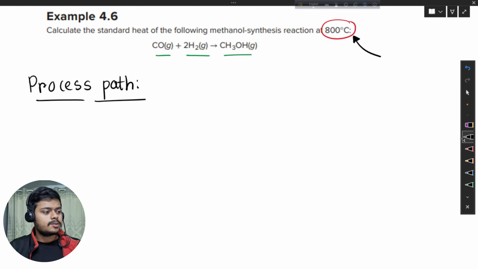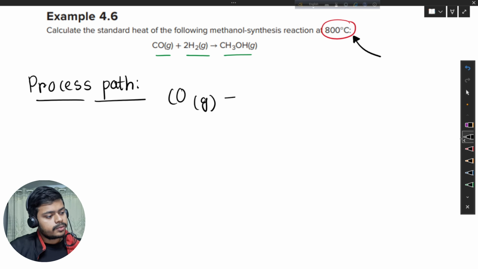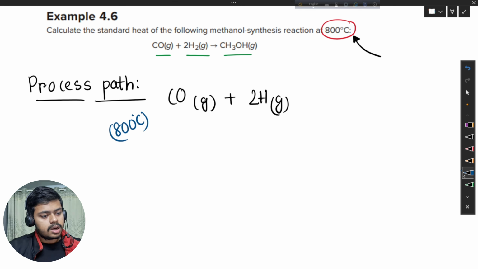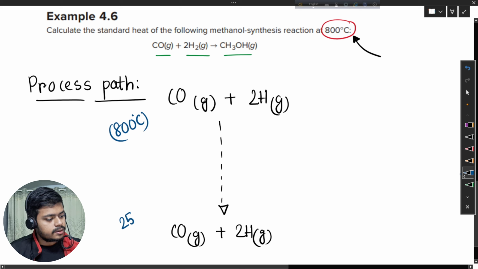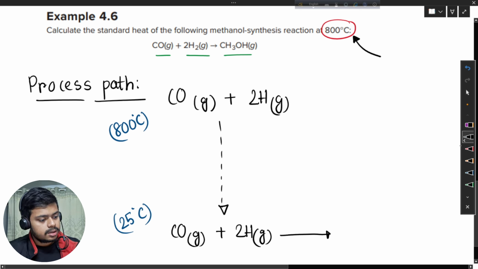Here is a more elaborate explanation of how we're going to do that. First of all, we have our reactants, carbon monoxide and hydrogen gas. These reactants are at 800 degrees Celsius. Now we're going to cool these reactants to 25 degrees Celsius, and perform the chemical reaction at 25 degrees Celsius.